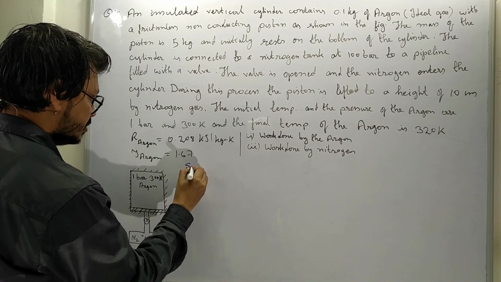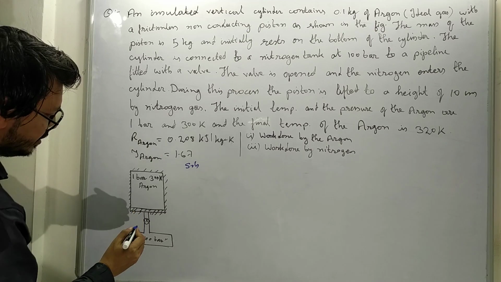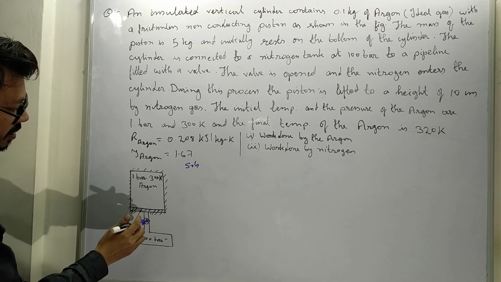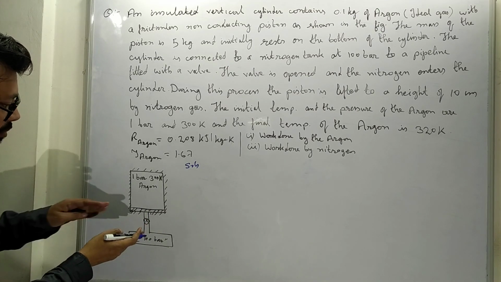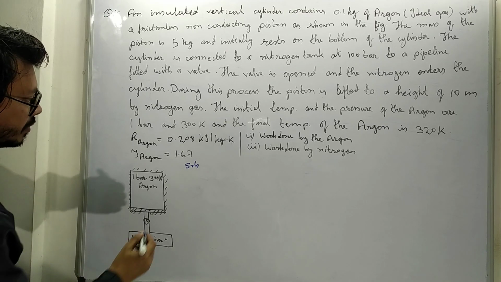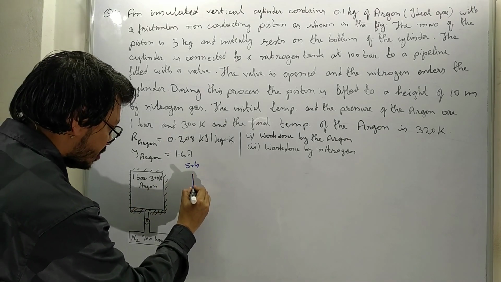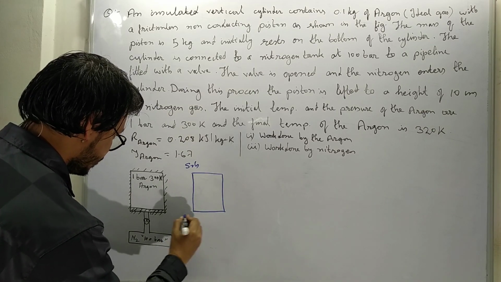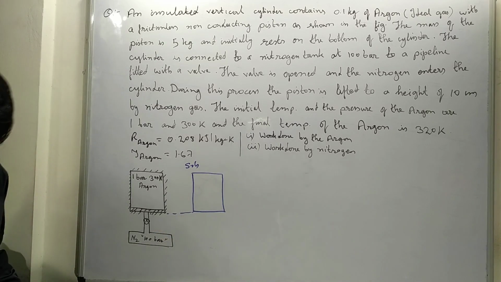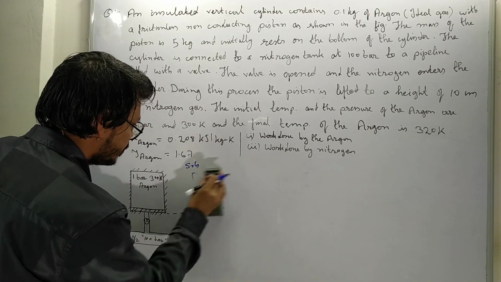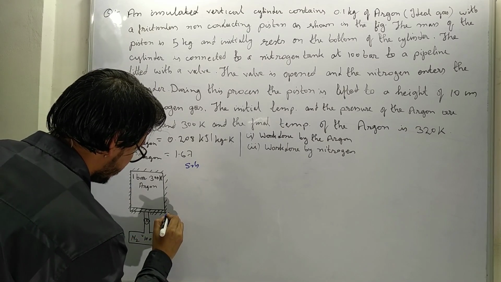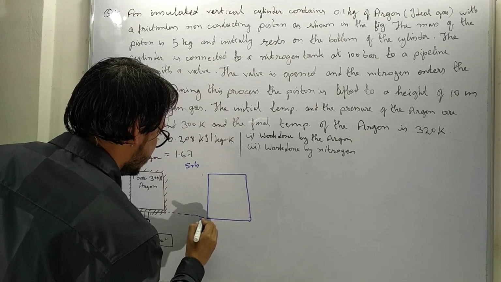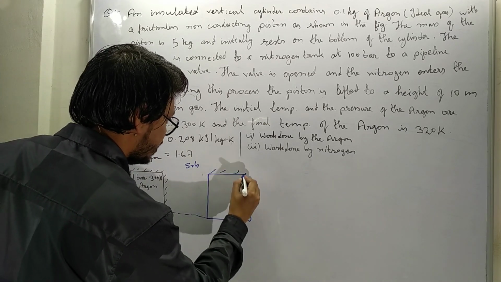So let's see the solution. This is the initial stage. The diagram is given. This is the insulated cylinder and this is the valve which is preventing the nitrogen from entering the argon. Now let us draw the final condition of the cylinder. This is our cylinder and it is insulated.